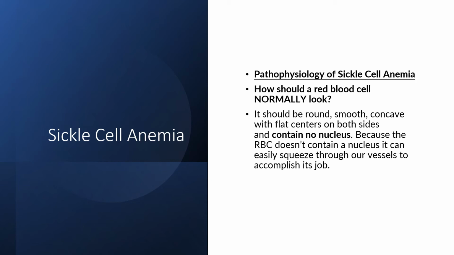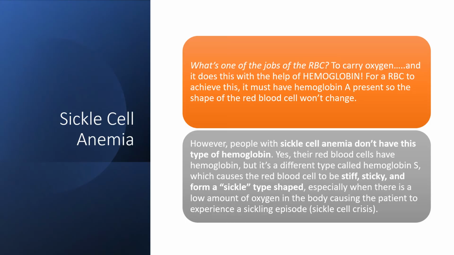So what does this tell us about the S? It's telling us that it contains a nucleus and it's going to be very difficult to squeeze through our vessels to carry that oxygen. As we know, our body wants oxygen. That's what it wants. So what's one of the jobs of the red blood cells? It's to carry oxygen. And it does this with the help of hemoglobin. For the red blood cells to achieve this, it must have hemoglobin A present.